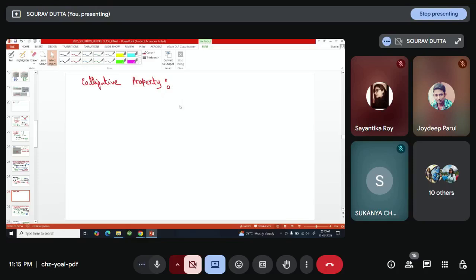Suppose, just for example, NaCl. It is dissociated as Na plus and Cl minus. So here the number of ions is 2. If I am talking about aluminum chloride, it will dissociate as Al3 plus and 3Cl minus.